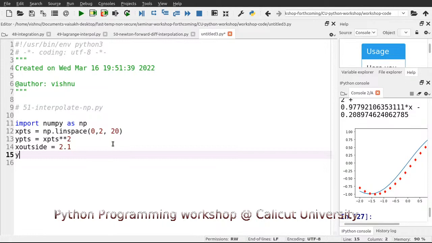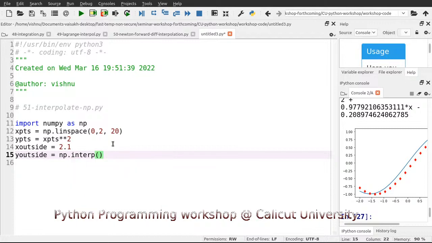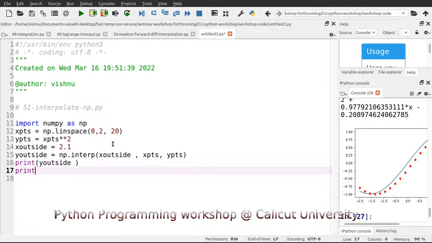Y outside equals np.interp, interpolate. Give the x value, give the x points, give the y points. Let us see the y value. The y value is this, and let us see the actual value. The actual value is x squared, because we have taken the square of the function.